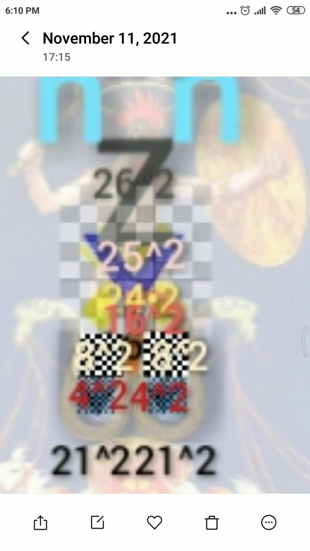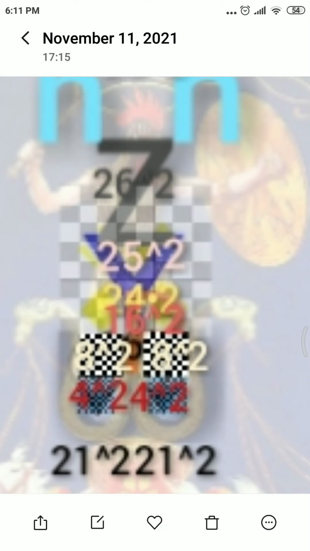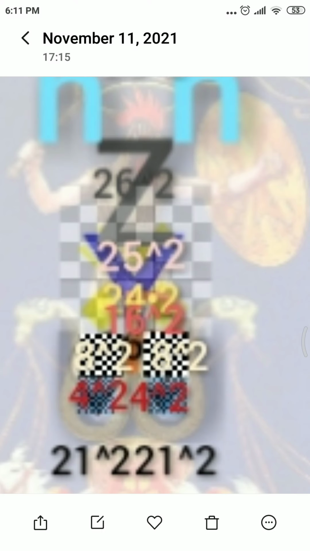Inside this, here it is 15 squared. The 8 squared, I have given why this chessboard you see here is a very deep concept. I will explain it at some other time, probably.